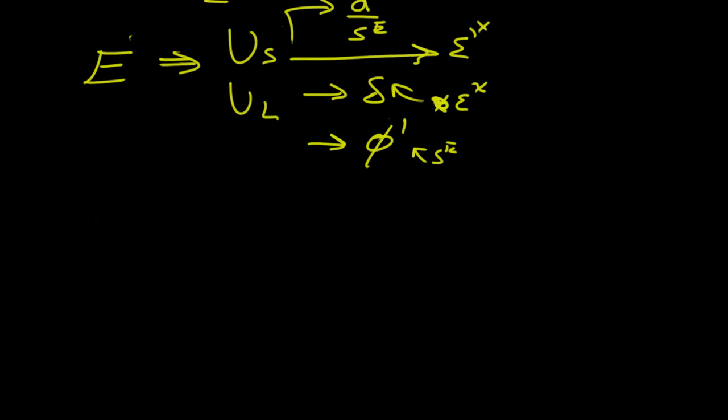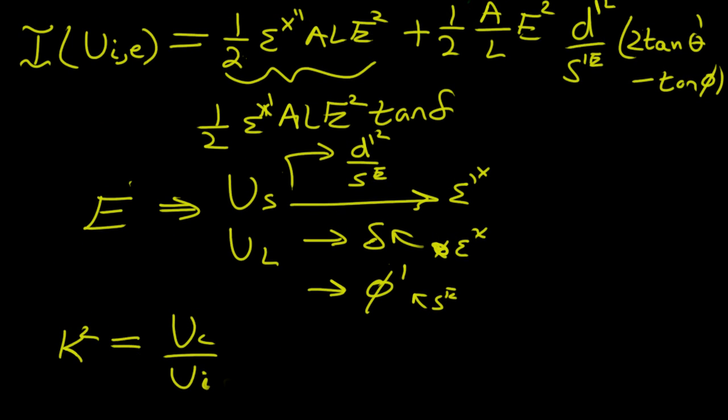So now we mentioned what K squared was. K squared equals the converted energy over the input energy. We normally don't write it in terms of the stored energy. We write it in terms of the input energy. So K squared, we can write from these equations.